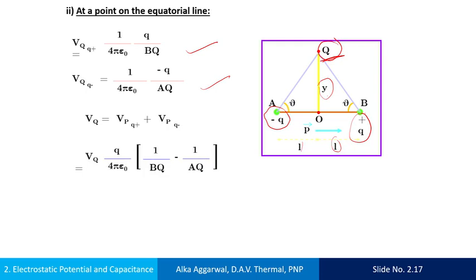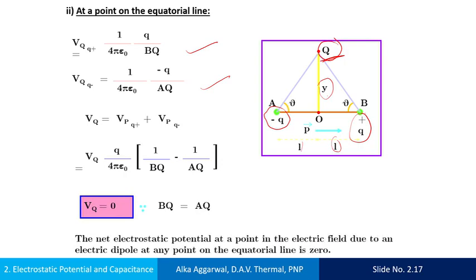So the potential at Q is equal to, taking q common, 1 upon 4 pi epsilon naught q times (1 upon BQ minus 1 upon AQ). So the net potential is 0 as BQ is equal to AQ. The net electrostatic potential due to an electric dipole at any point on this line is 0.